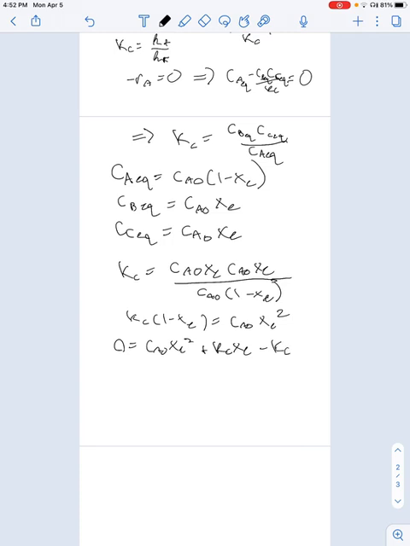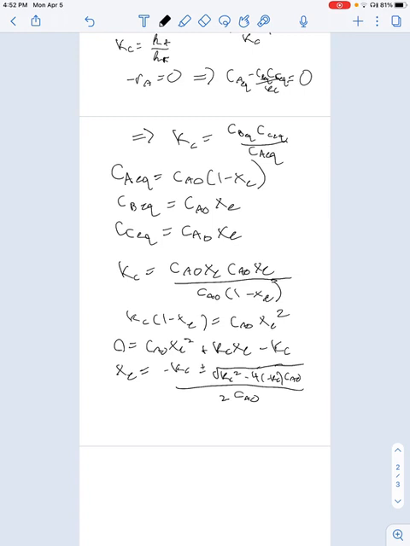So we just plug in the quadratic formula, and Xe will be equal to negative Kc plus or minus the square root of Kc squared plus 4 Kc Ca0, divided by 2 Ca0.